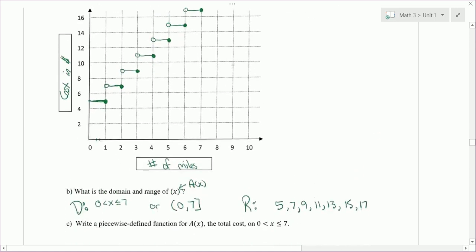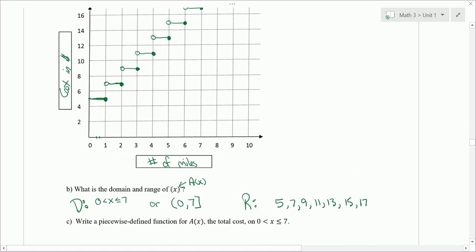I think 17 is our other. Those are the only y values represented in our graph. There's nothing else. And so I'm going to put these in braces, and that's our range. So it is not an interval.